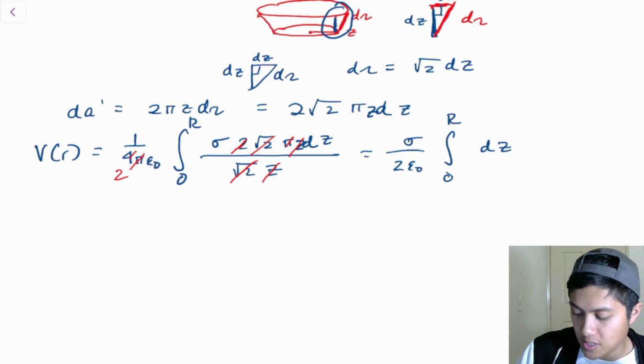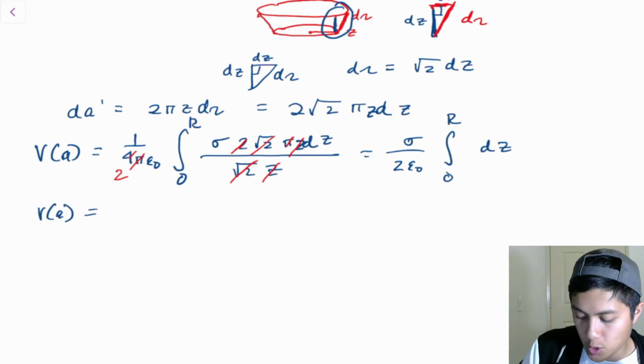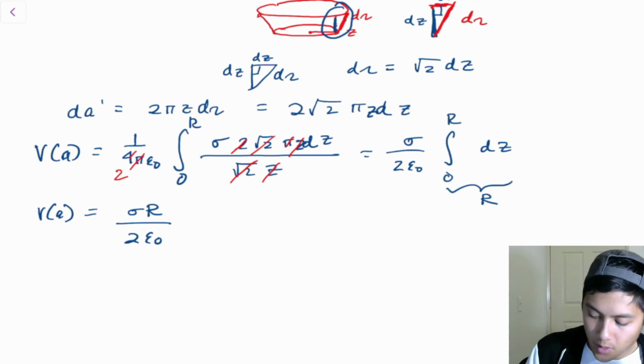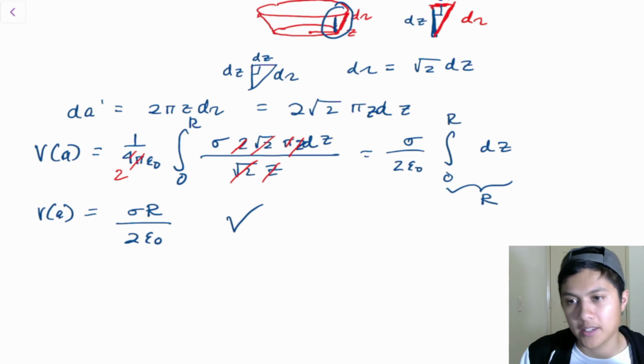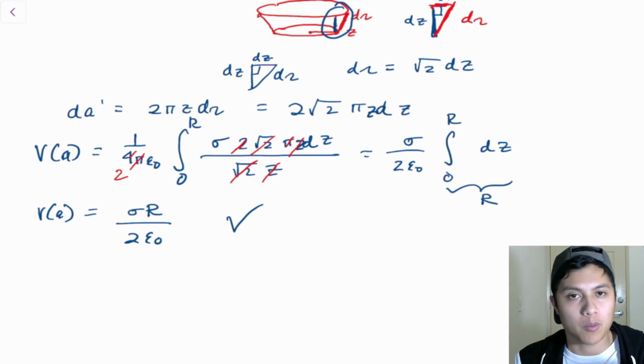So this just gives us a value of r. So V of a is equal to sigma r over 2 epsilon 0. Okay, so check. That is the first part of this problem.